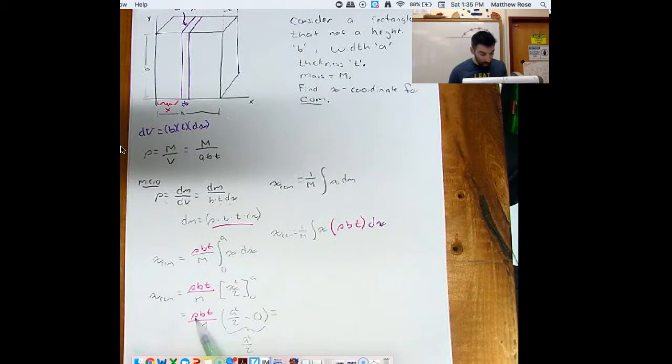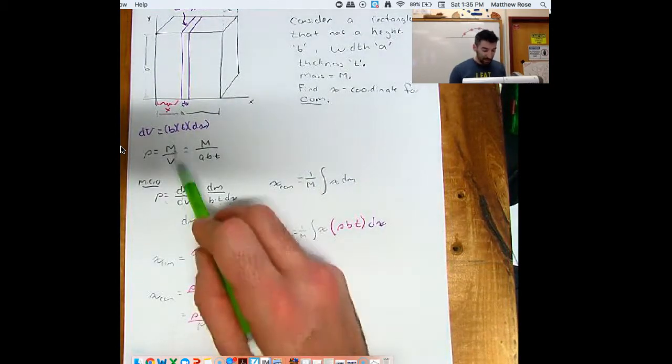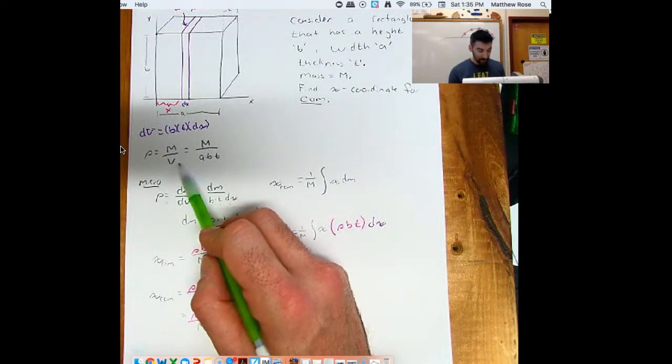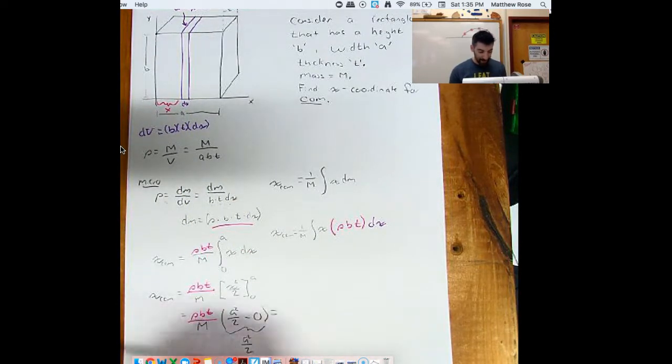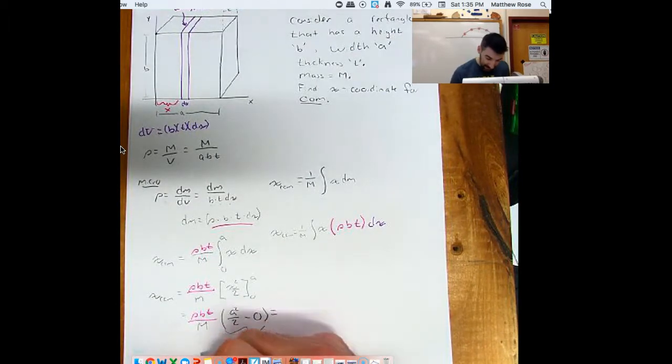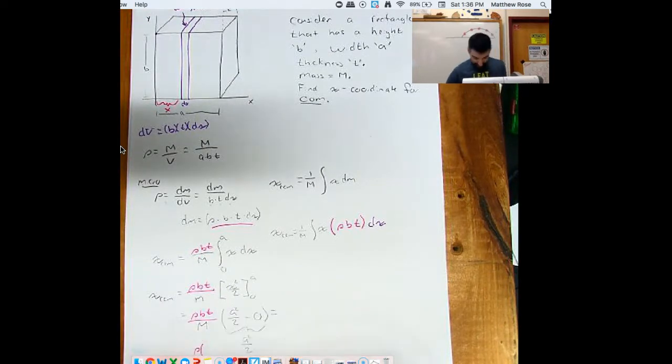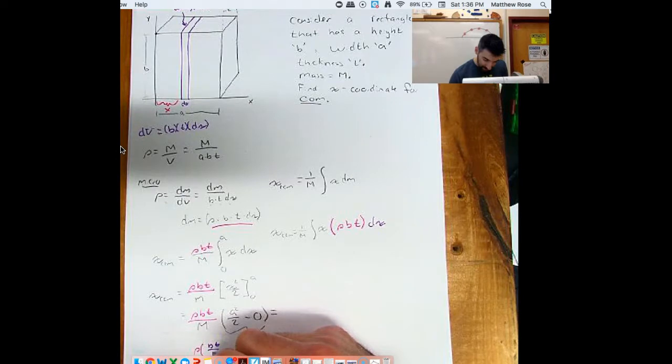And rho, by definition, is mass per unit volume, which is m divided by a times b times t, which means that my entire expression is technically rho times bt over m.